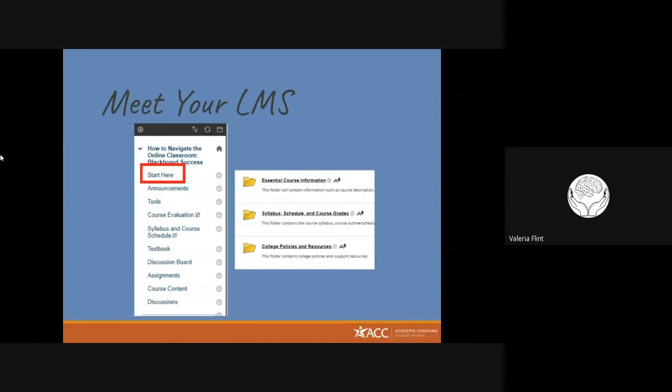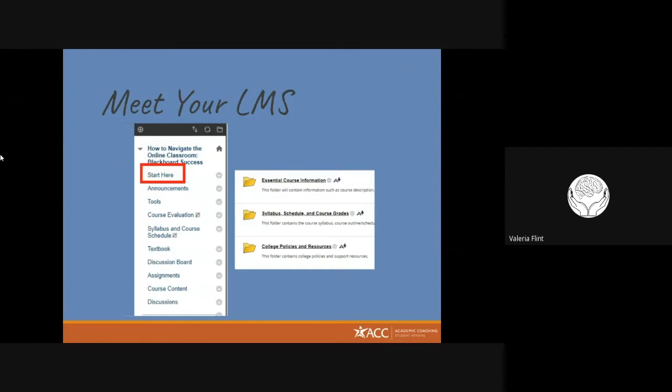So checking your announcements, your grades, what kind of assignments are due, every content that you need to view that is available to you, whether it's lecture notes or study guides, whatever your professor has decided to provide you with this semester. And as you click on each one of those items, you're going to be able to see additional content and decide whether you want to open them in a new window or not.